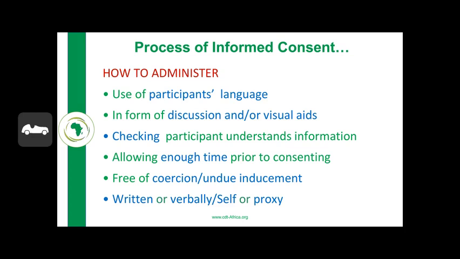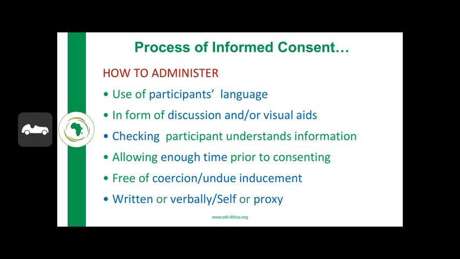We need to give the participants adequate time prior to seeking consent. While getting consent, we have to make sure this is obtained free of coercion and or undue inducement.